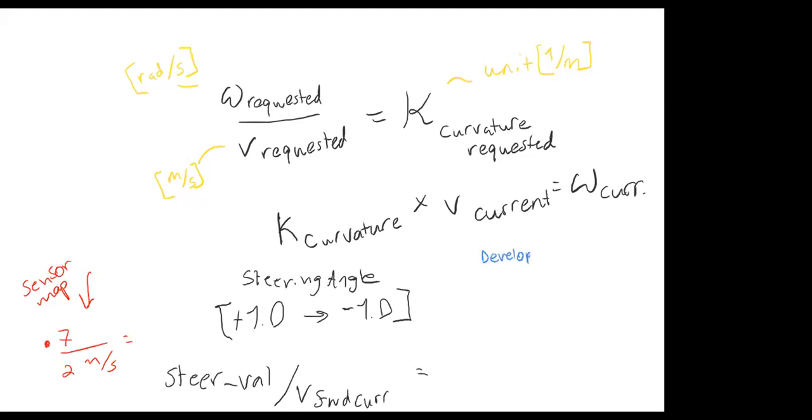And you really want the reverse mapping then. So you take the 0.7 and you say 0.7 maps to your rate of turn divided by your velocity.